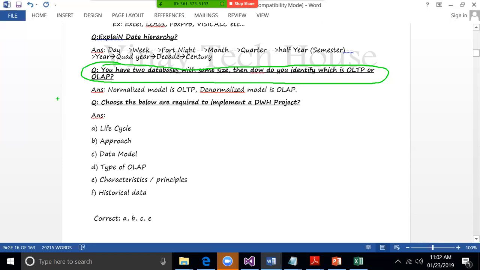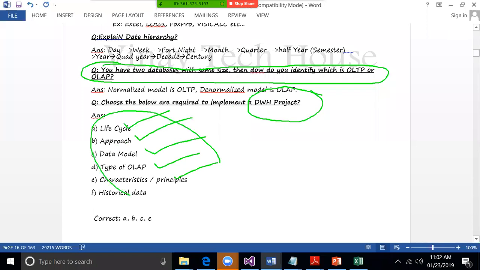And next one. A warehousing project, what is minimally required? First one, a life cycle. A warehousing or BA project compulsorily requires a life cycle. An approach is required, top down or bottom up. One data model required, one OLAP required, one principle required. So a warehousing project requires all of these. That is why we need to have a minimal understanding of this.